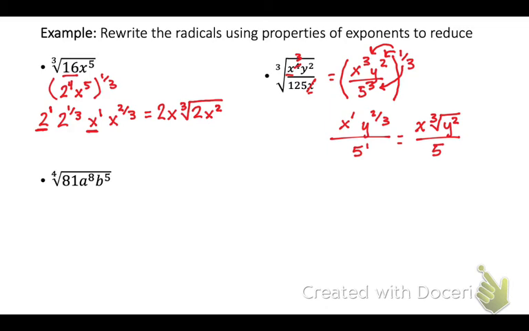But if it's 9 squared, then it's 3 to the what? 4th. So I have 3 to the 4th, a to the 8th, b to the 5th, all to the what? 1/4.